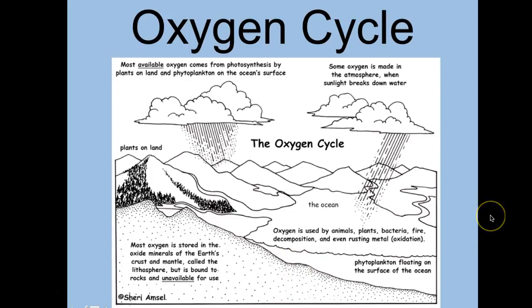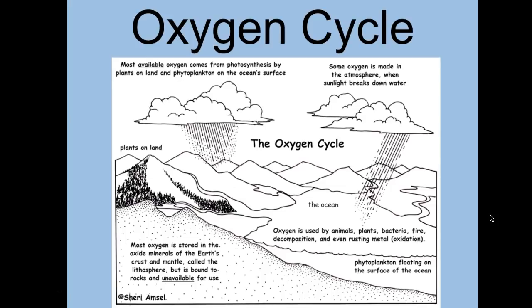What is oxygen used by? Oxygen is used by a ton of different things. We, as people and animals, breathe in oxygen. But oxygen is also used in the decomposition of dead plants and animals. Bacteria use oxygen, and some bacteria even make oxygen. We cannot have fire without oxygen.